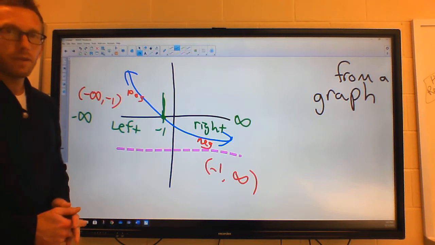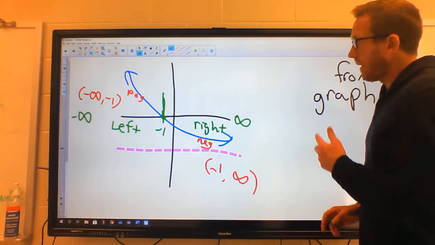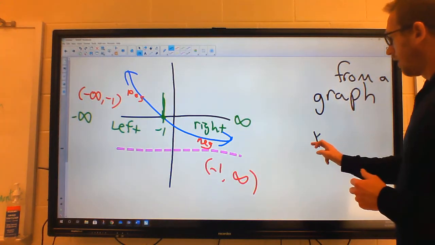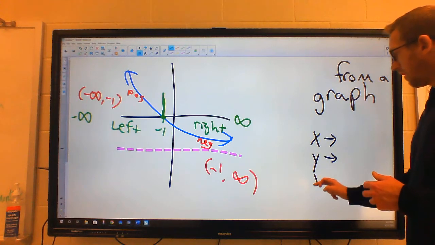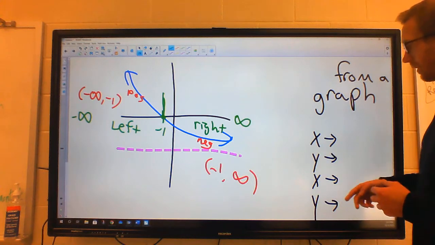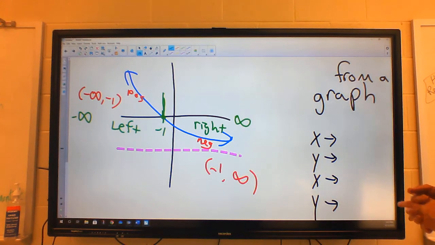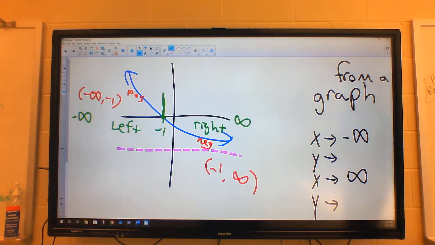The end behavior of a graph, if you recall, is that x goes to one side, y goes to another. It could say y or it could say f of x. Left side, right side. That's what that means. Watch this a couple times through if you need to.